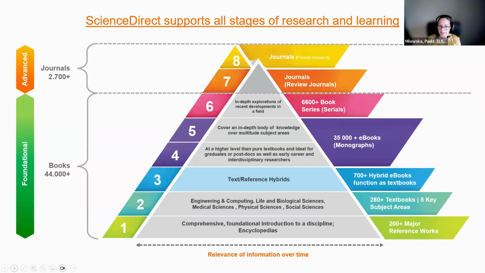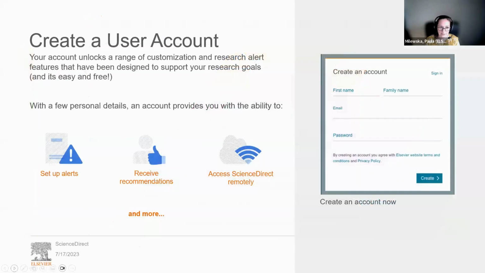And of course, all of those materials work together very well, because in journals we can find citations for books, and in books we can see citations for journals. So this is like a big ecosystem of scientific, peer-reviewed publications on the ScienceDirect platform.